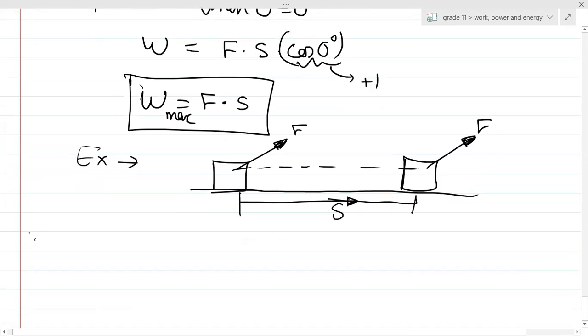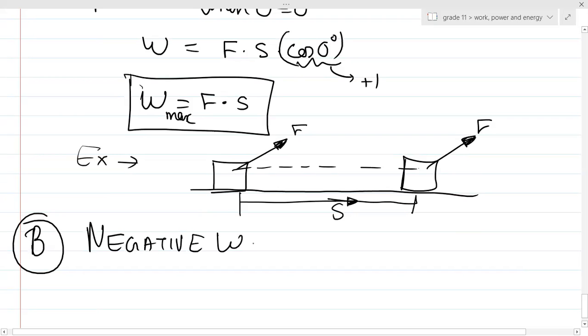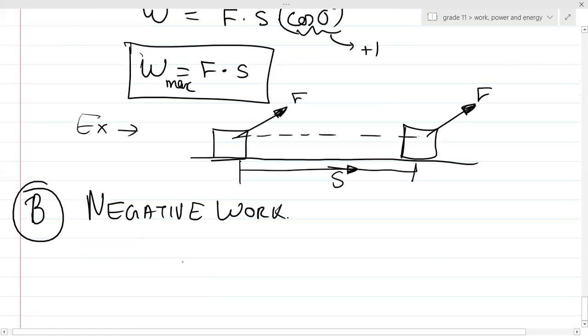Positive work. The next is negative work. Here the cases become a little bit interesting. So when will the work done be negative? Work done by a force will be said to be negative when the angle between the force and the displacement vector will be between 90 degree and 180 degree.